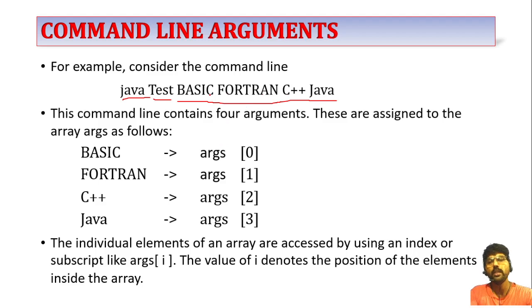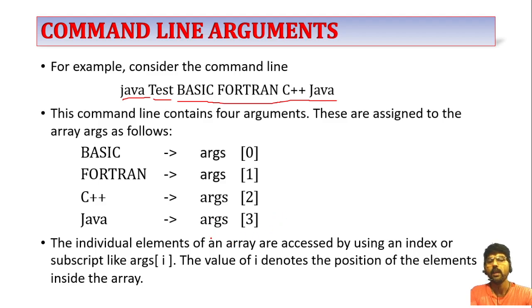All these 4 parameters are assigned to the args. The first parameter Basic is assigned as args[0], the first element, and Fortran is passed as the second element, args[1]. Like that, C++ is stored in args[2] and Java is stored in args[3]. That means this args contains 4 elements. I can access these 4 elements wherever I need and do whatever I need.